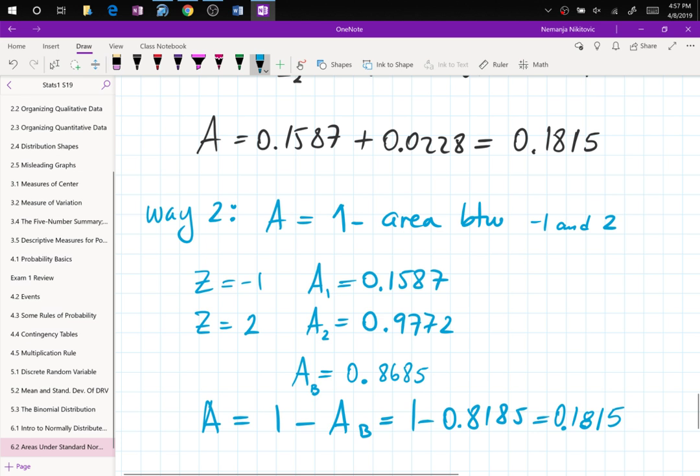They have to match because it's just two ways to get the same calculation.